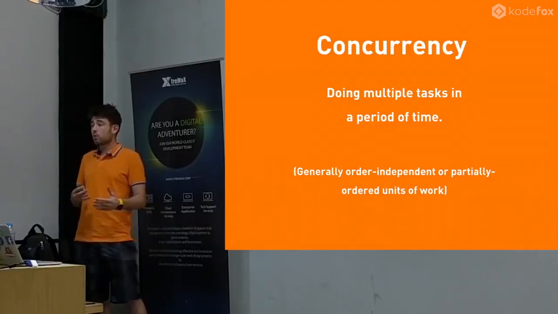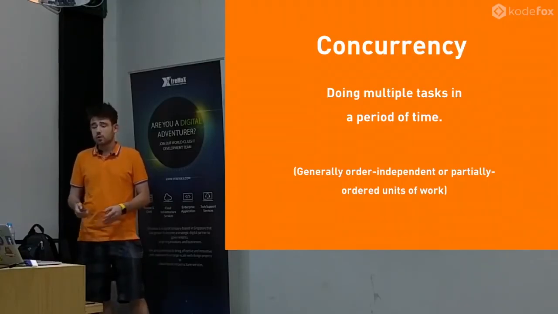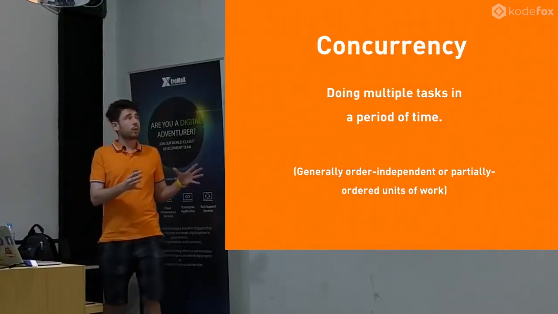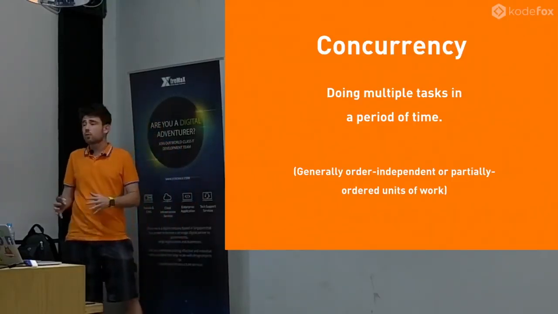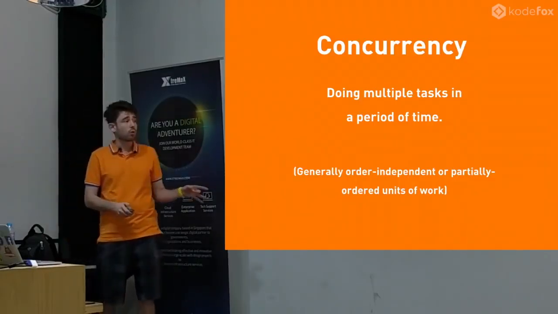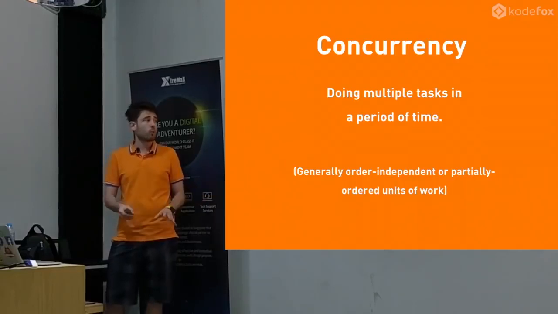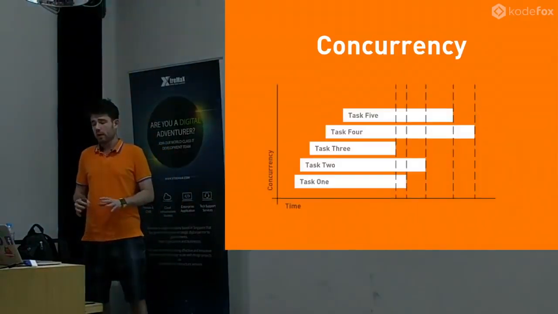A script wants to read multiple values from a database before it returns the request. What we're really talking about is doing multiple tasks over a period of time, and some of those things we can do in parallel, and some things we have to do one at a time. Generally, order-independent or partially ordered units of work is where concurrency happens.